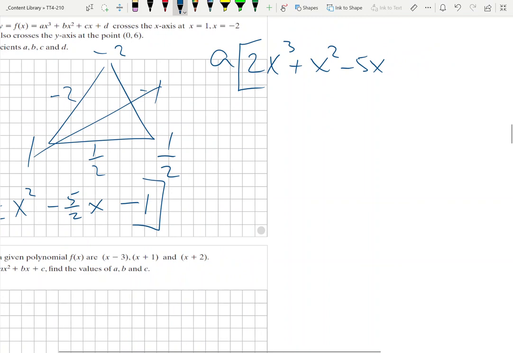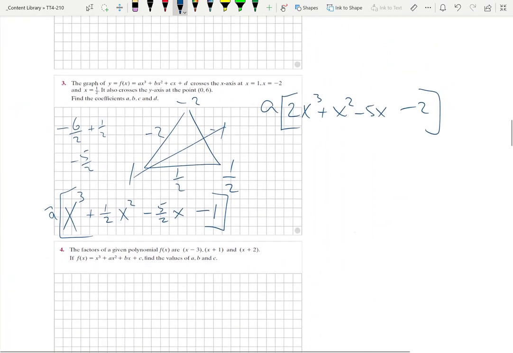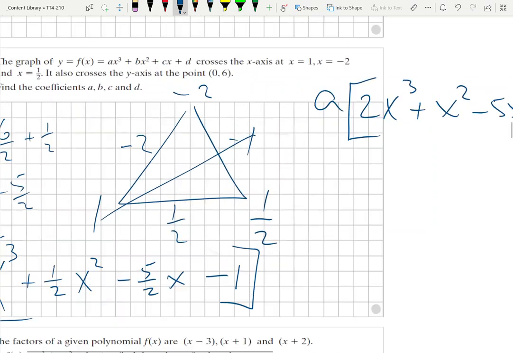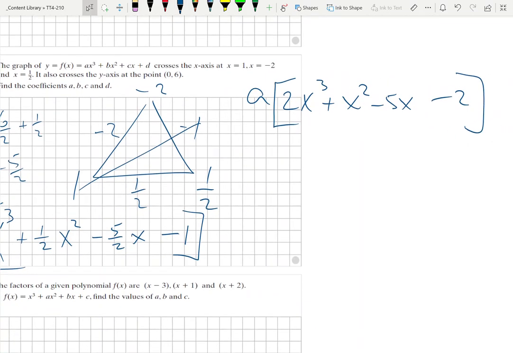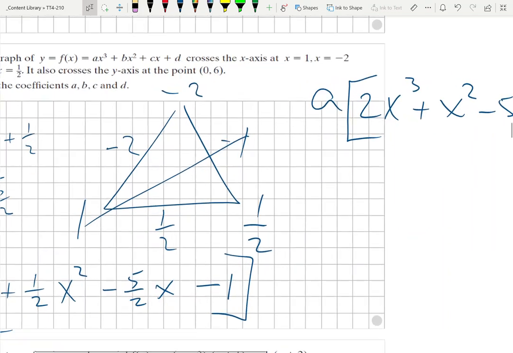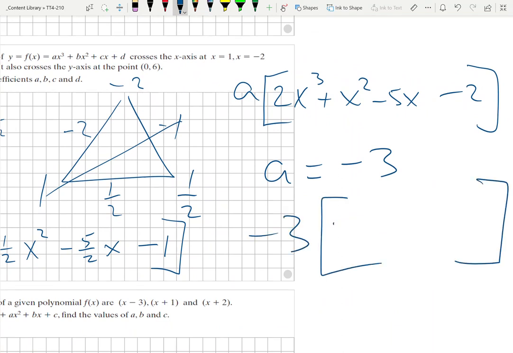And it crosses the y-axis at plus 6, which makes a equal to minus 3. So that's it, minus 3 times all that stuff there. Okay, hope you get that.